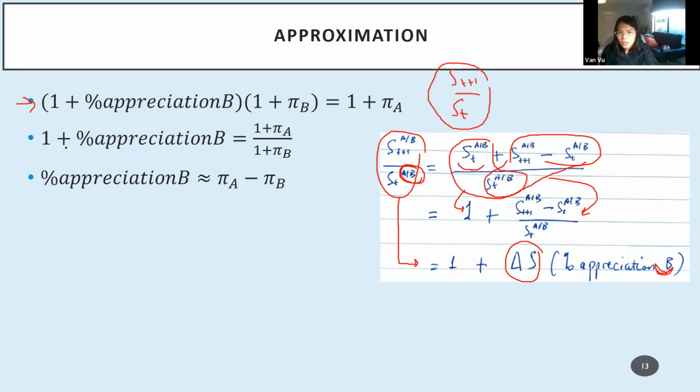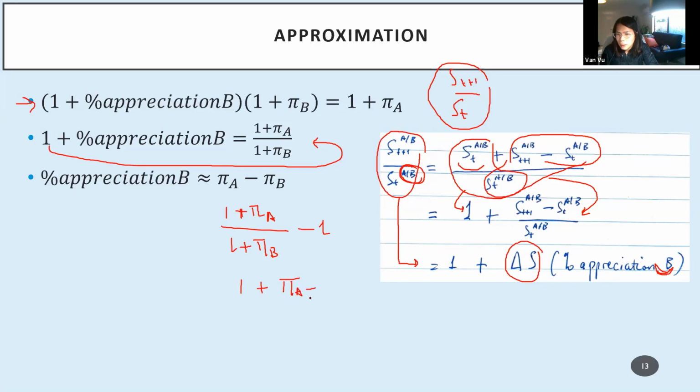So what I'm doing next is that I'm going to rearrange. I'm going to subtract 1 from both sides. So I'm going to have this on the right-hand side. So if I take this to the numerator, and I'll cancel these two out, I'll be left with this ratio here, okay?